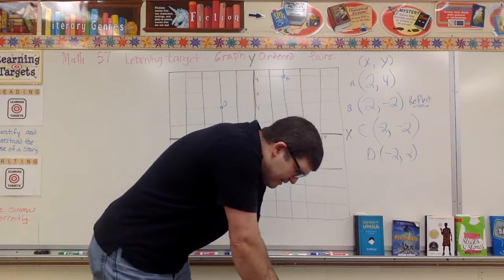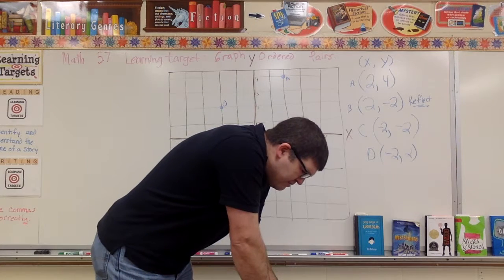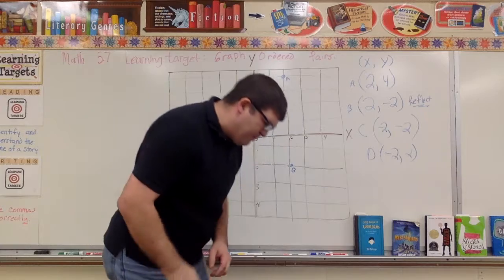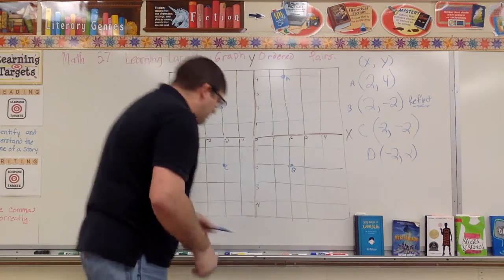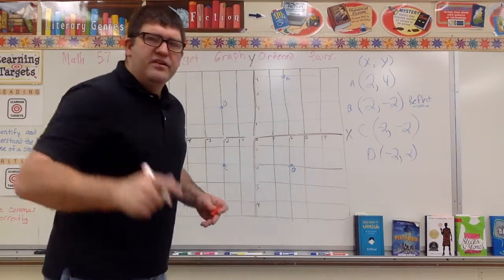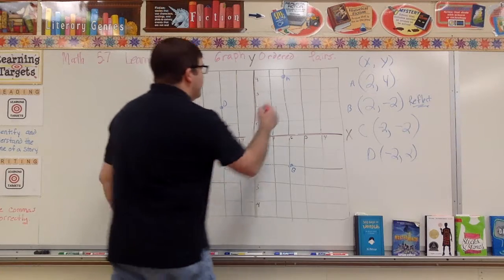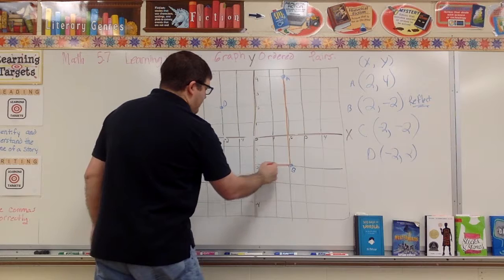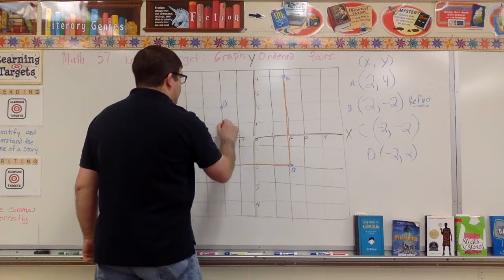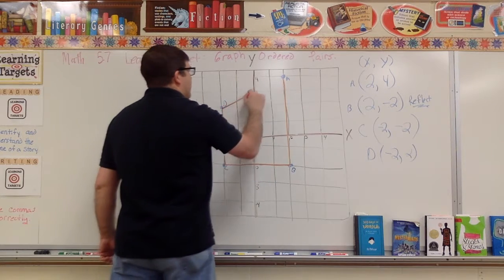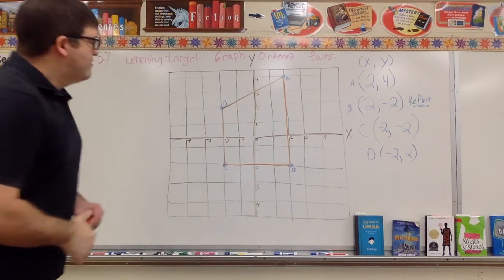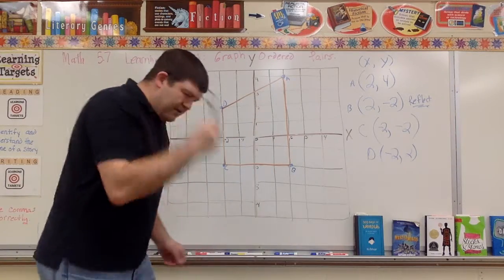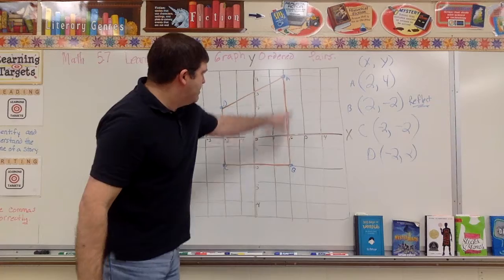Now let's see what it says. What figure is Mr. Martin using for his logo? All right, and the way you figure that out is you connect the dots. So A to B, B to C, C to D, and let's connect that back to A. So his logo is in this kind of a shape, okay?